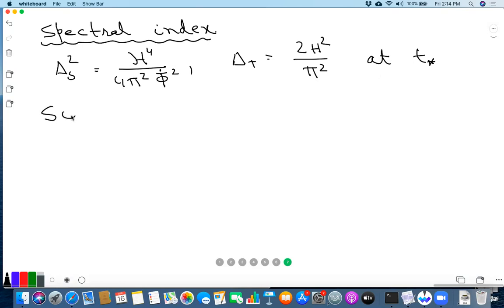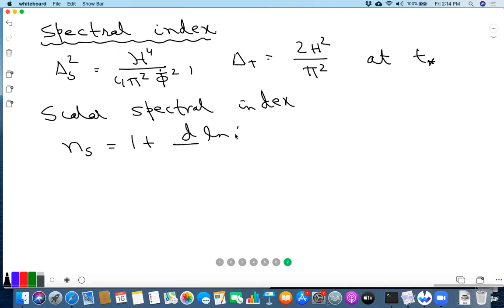So we'll define the scalar spectral index ns as 1 plus d log delta S squared over d log omega.